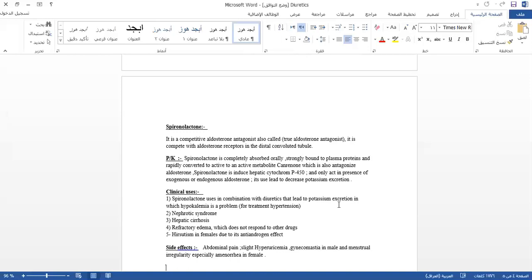Its mechanism of action is as a competitive aldosterone antagonist, leading to enhanced excretion of sodium and conserving or retaining potassium and hydrogen.